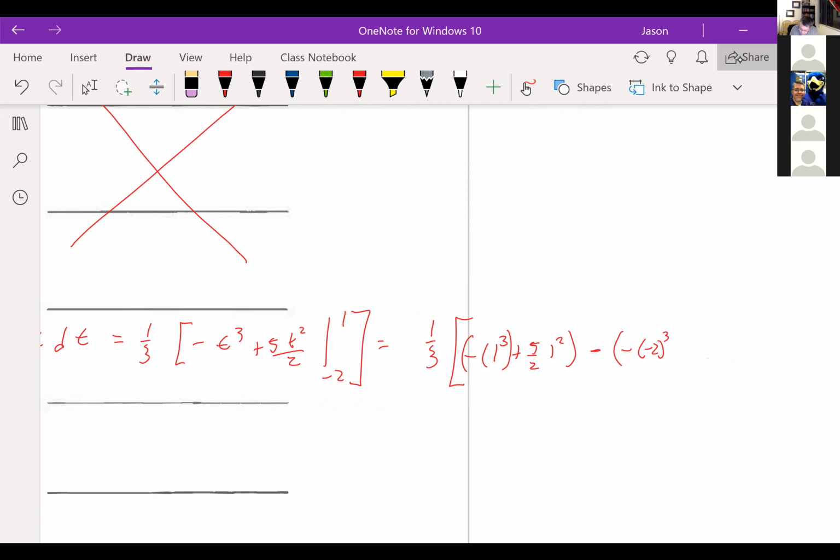And then plus 5/2 times negative 2 squared. Okay, let's clean up these numbers here. This is going to be negative 1 plus 5/2.